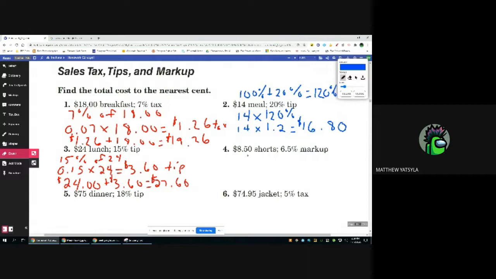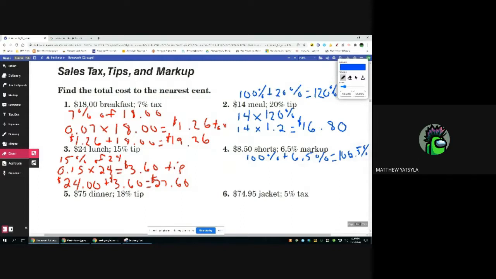All right, $16.80. Same thing here. Our shorts would be the 100%. Our markup, which is again adding on a price to make a profit, would be another 6.5% to get a total of 106.5% of the price.